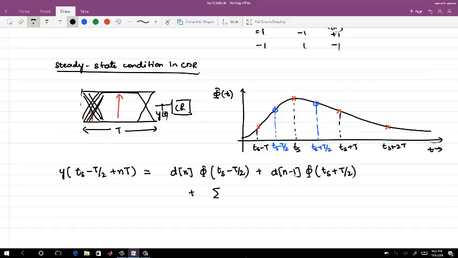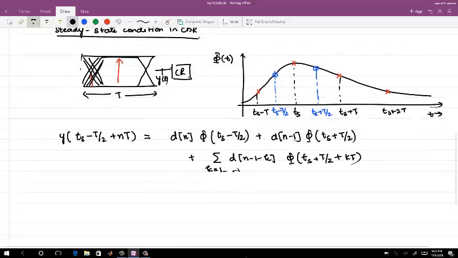Plus all of d of n minus 1 minus k into phi of Ts plus T by 2 plus kT, where k goes from 1 to all the values. So this is the value at any given instant. Whenever you are sampling, it will depend on all these values of the previous bits.